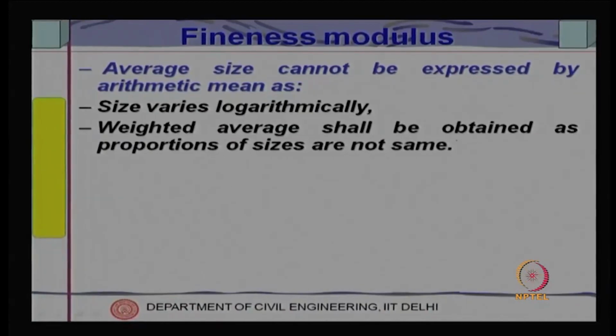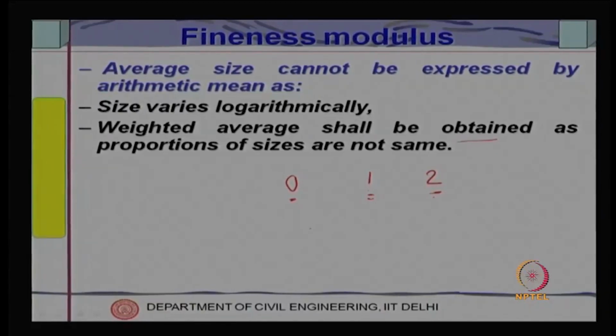So, we find the weighted average as the proportions of particles in a given size are not the same. For example, the proportions in sieve number 0, sieve number 1, sieve number 2 will not be the same.